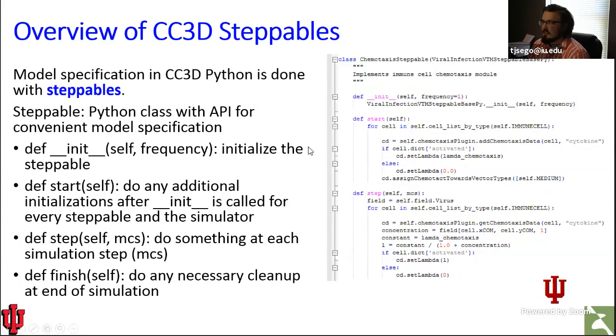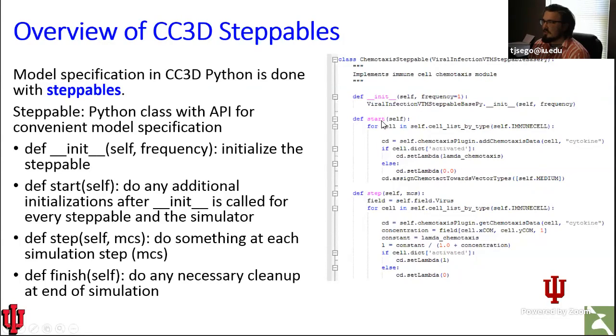Now, this is done in a couple of different functions. Most importantly for us today, you see on the right these two functions for this chemotaxis steppable. This is the steppable that implements chemotaxis by immune cells, as you see described here in this comment.